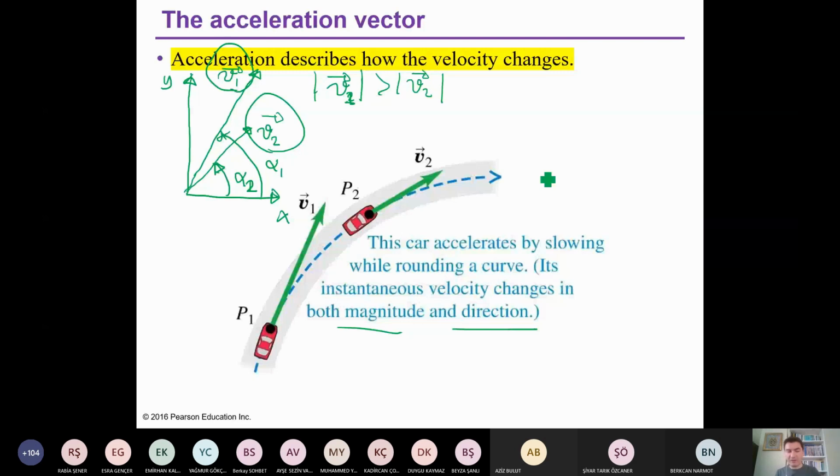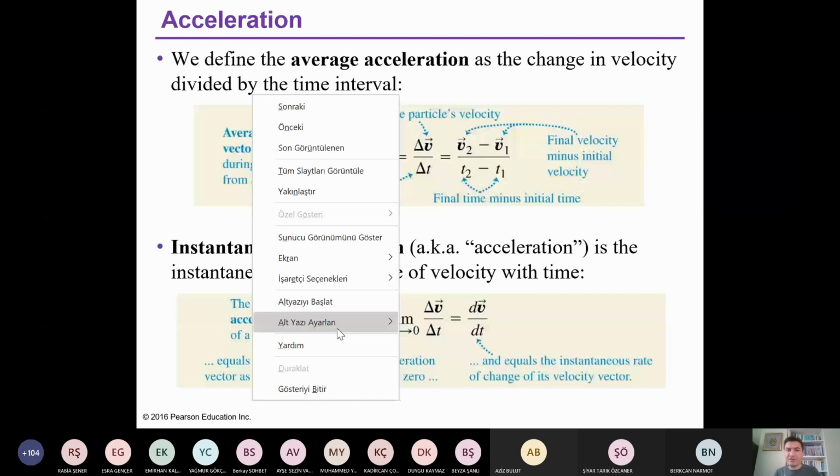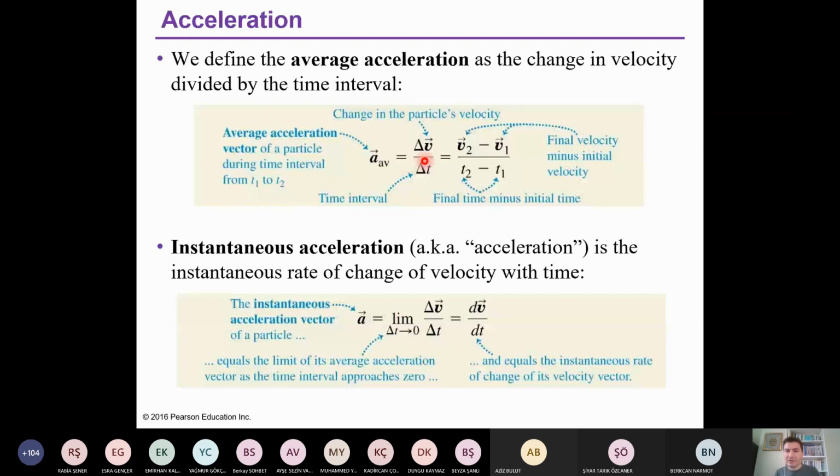Okay, so within this lecture, we will try to calculate acceleration and we will try to find the direction of the acceleration. Let me continue with the definition. This is the average acceleration, and this is the change in the particle's velocity, delta v, final velocity minus initial velocity, and this is delta t, the time interval, right?